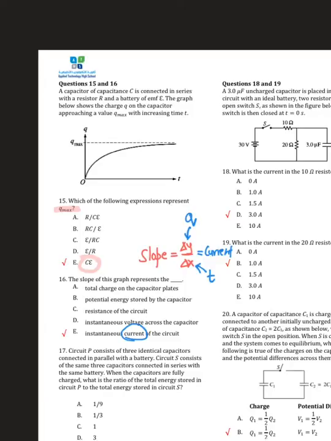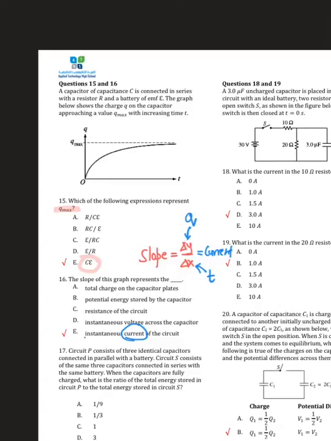Instantaneous current, because in this situation, as the capacitor is getting charged, the current keeps changing. That's why we are calling it instantaneous current.